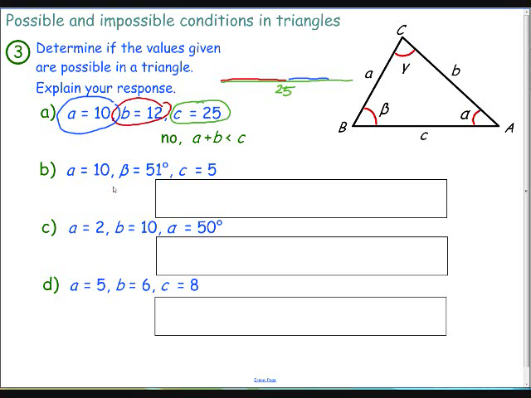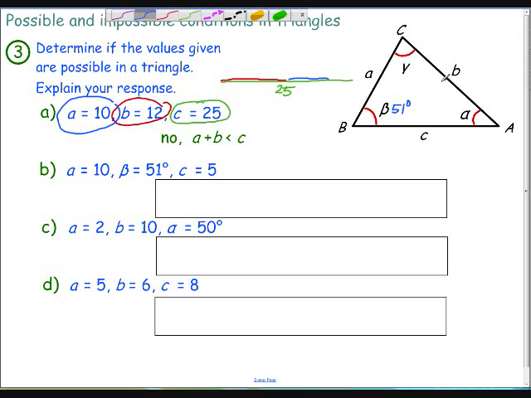Well, how about this one? How can we figure this one out? It seems like it might be possible. We've got beta of 51. So right here, we know what this is. Let's write it in. So we've got 51 degrees here.